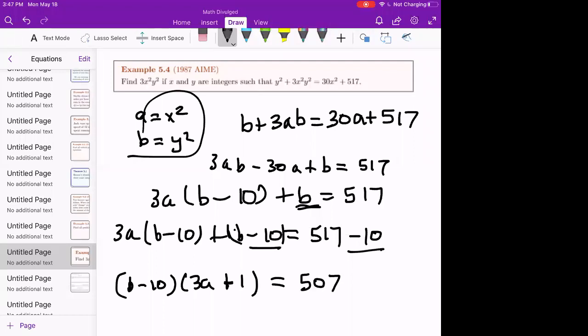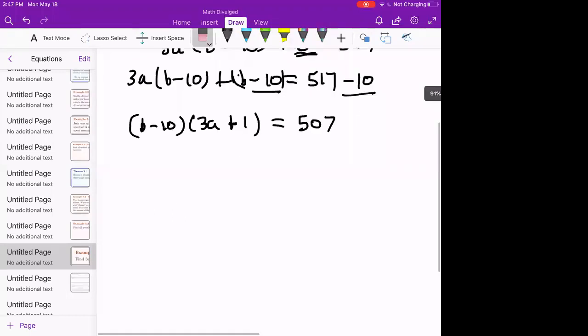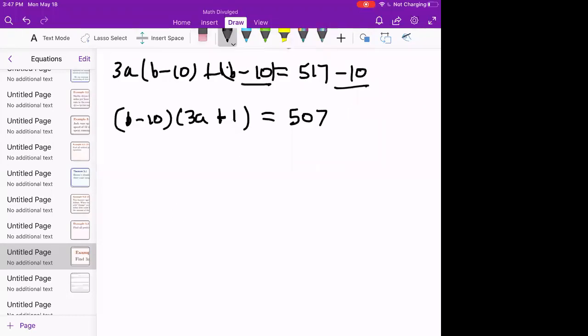Now, what comes after here is obviously guessing and checking the factors of 507 in order to make it work. However, we realize that there is a shorter solution to this. First we have to realize that 507 is equal to 3 times 13 times 13.